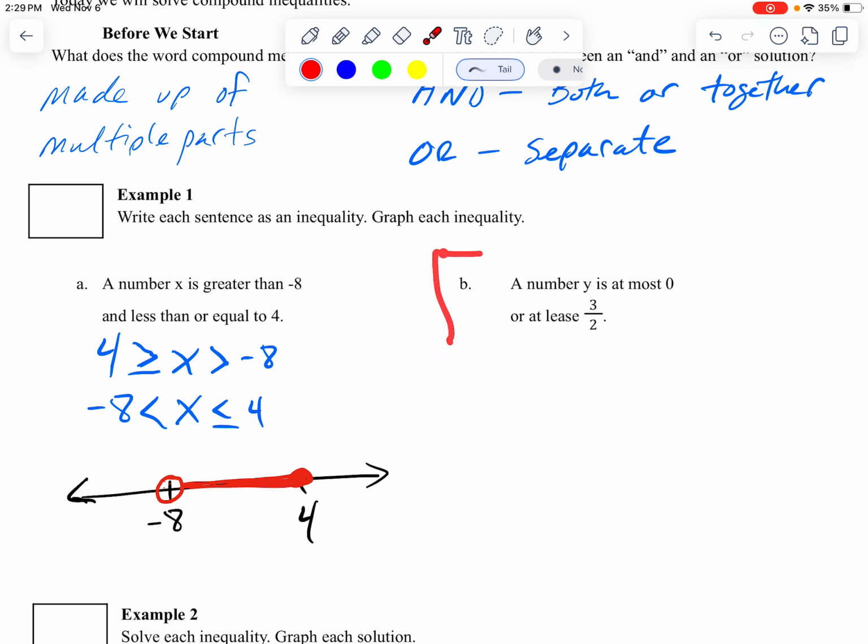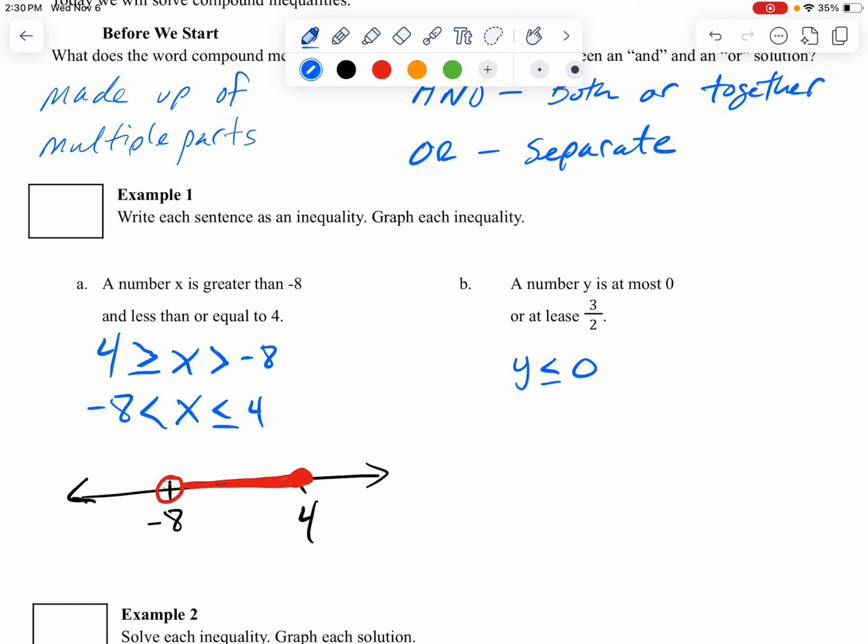Part B: y is at most 0. So we need to remember what that means. When we say at most, that means this is as big as it could be. y is at most 0, it's no more than 0. 0 is as big as it could be. In other words, y is going to be less than or equal to 0.